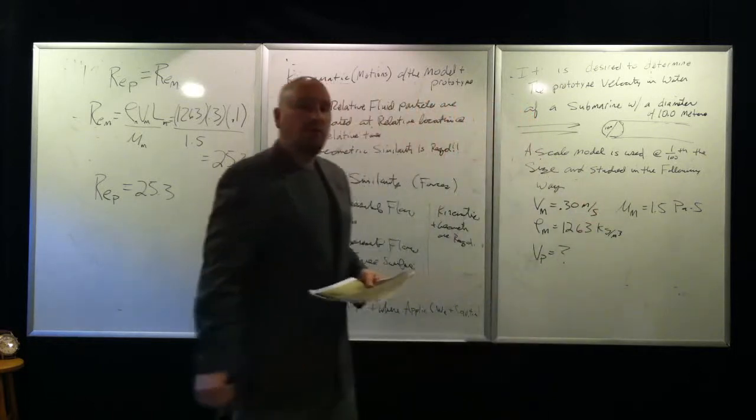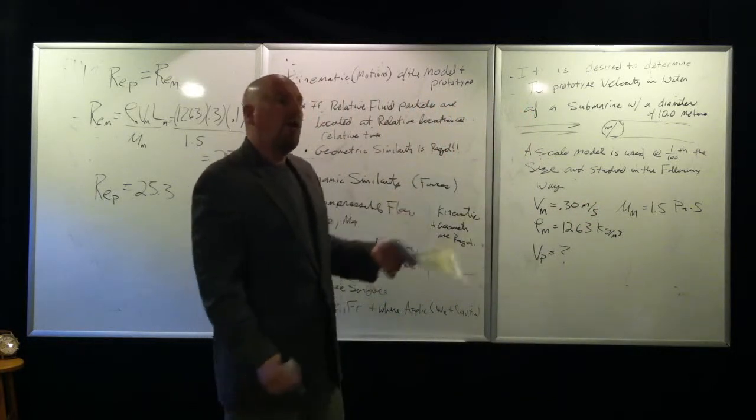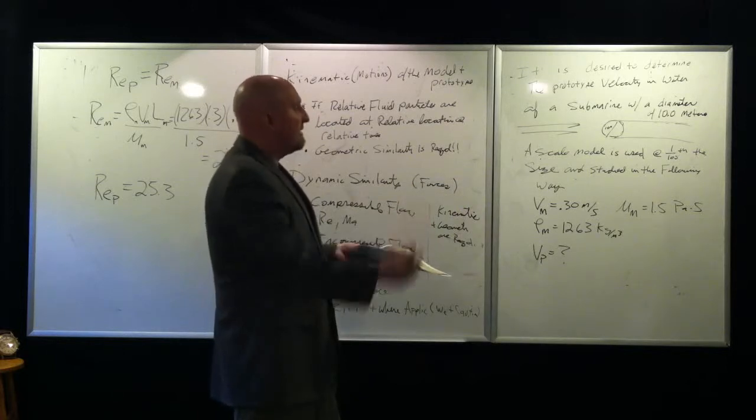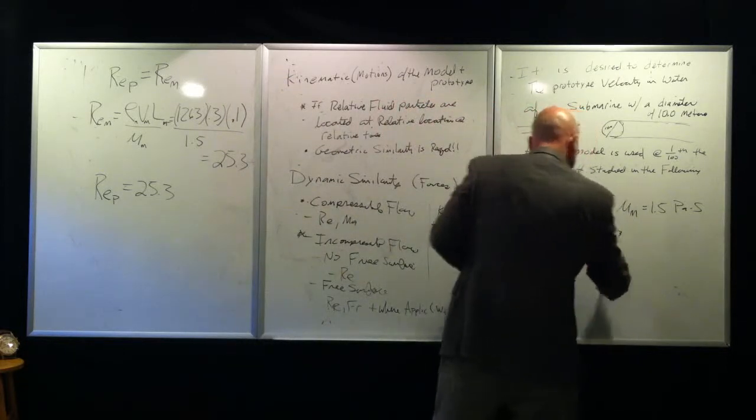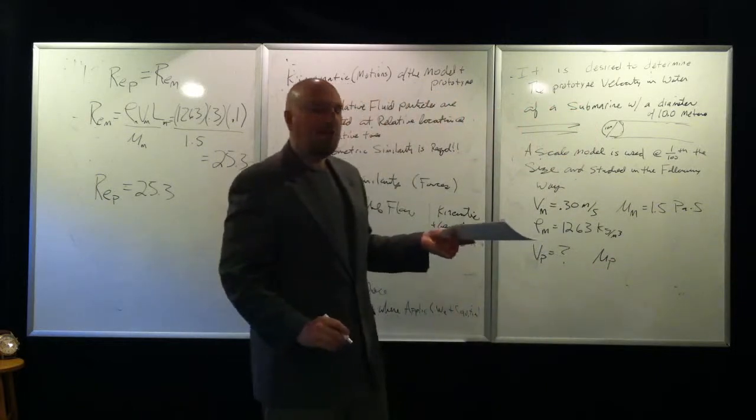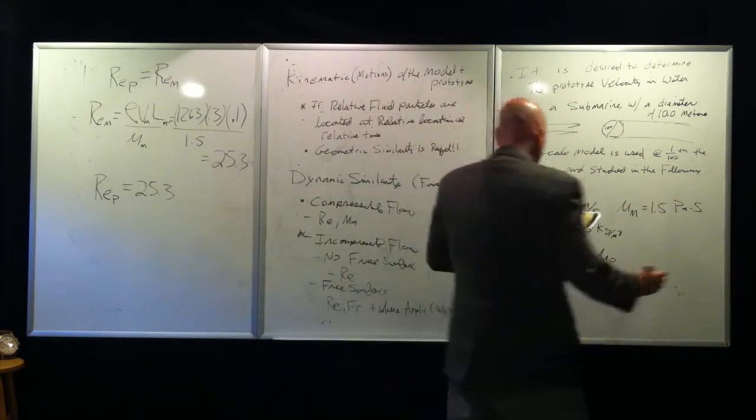That is the question. What does the water have to be flowing over it, as well as maybe the submarine moving in that liquid? Okay? So if we give the viscosity, that maybe is going to be seen by that actual prototype in the sea.